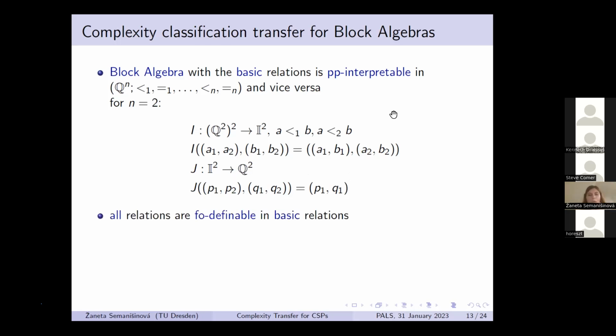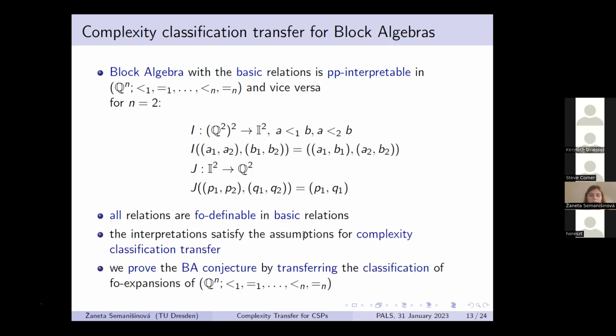Yeah, and so the classification transfer was actually about classifying first-order expansions of some basic structure, but all of the relations were unions of basic relations, so they are first-order definable in the basic relations. As I already said, the interpretations satisfy the assumptions for this complexity classification transfer.